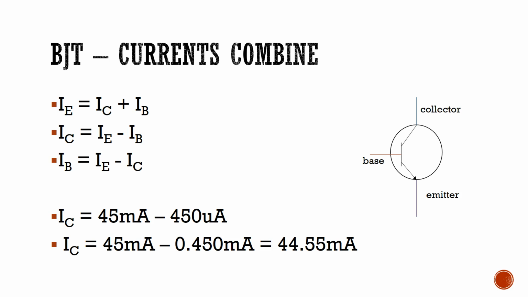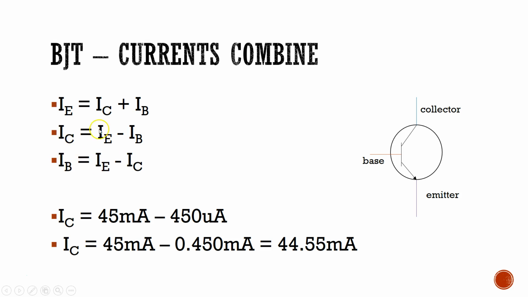In a BJT, the currents combine. So the emitter current, which is the current through this branch, would be equal to the collector current plus our base current.